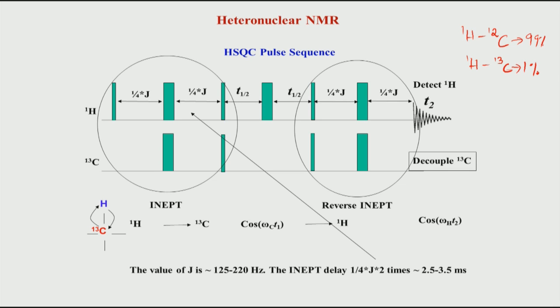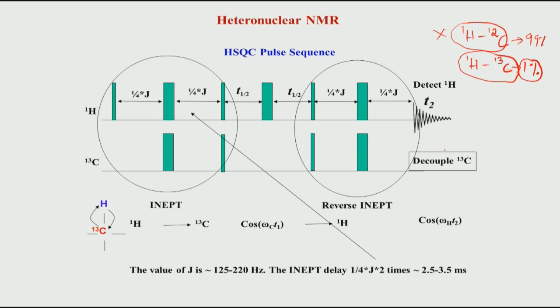Our whole experiment is based on detecting this moiety, because remember carbon 12 is NMR inactive. It is not possible to detect C12, since it is not an NMR active nucleus. So the only thing we are looking at is 13C, and in this experiment we are looking at signals from only 1% of the sample.